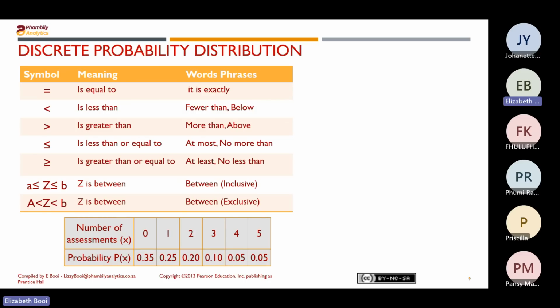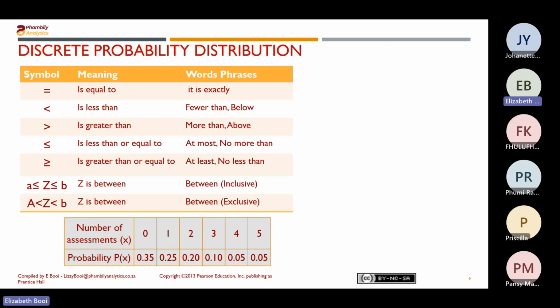So from the probability distribution that we have, we are going to use the symbols to answer questions like, what is the probability of having 4 assessments? You need to be able to answer that question by knowing what equals to 4 means in terms of words or in terms of the sign.